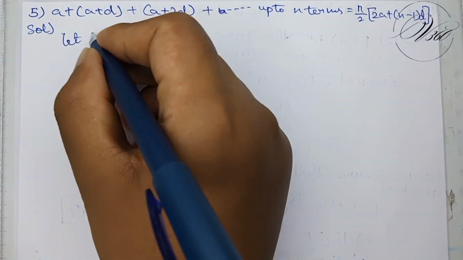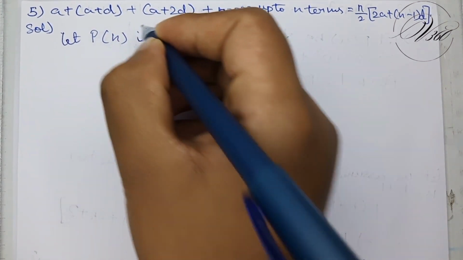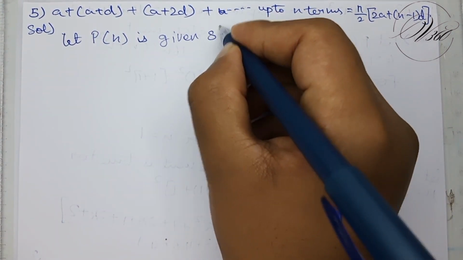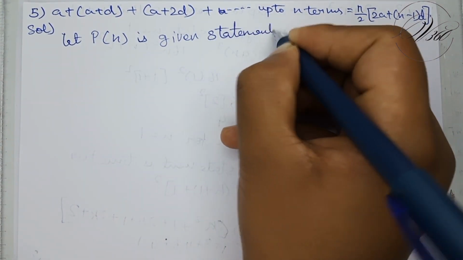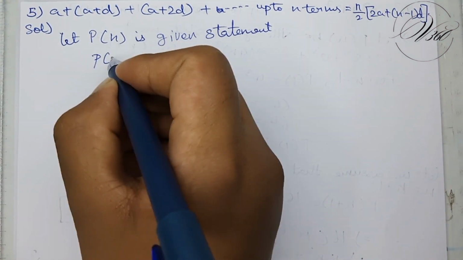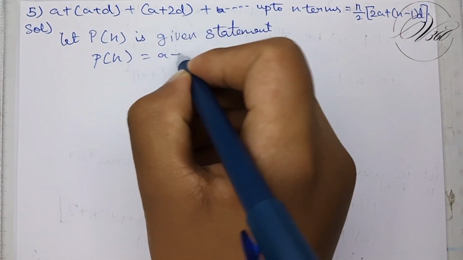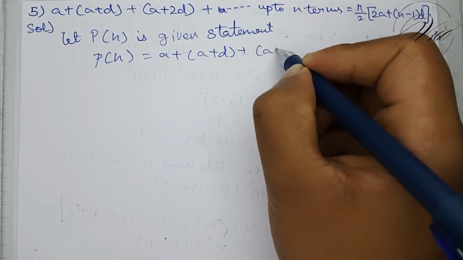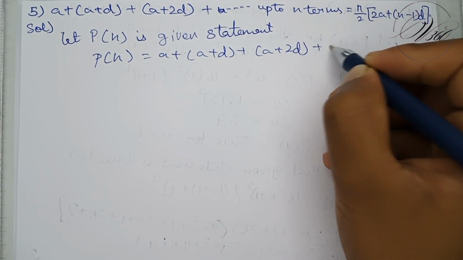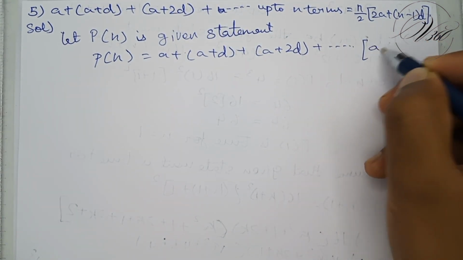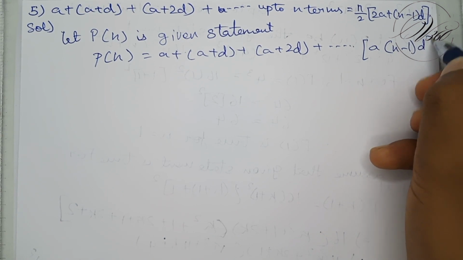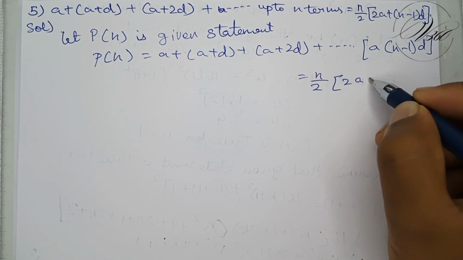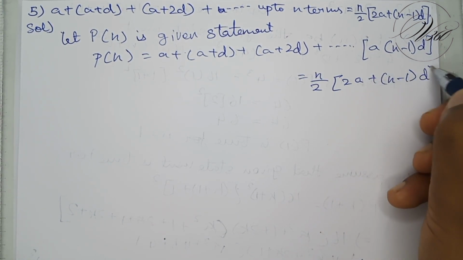let p of n be the given statement. Okay, now p of n is equals to a plus d plus a plus 2d plus up to a plus (n minus 1) of d, which is equals to n by 2 of (2a plus (n minus 1) of d).